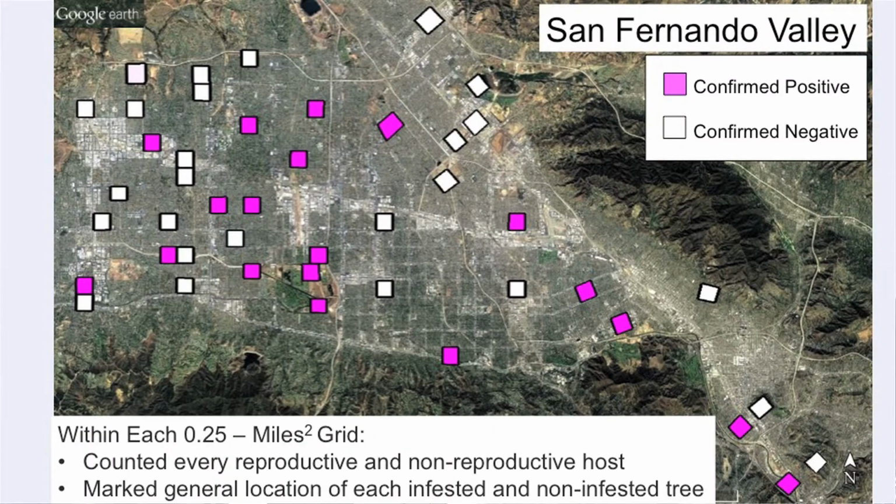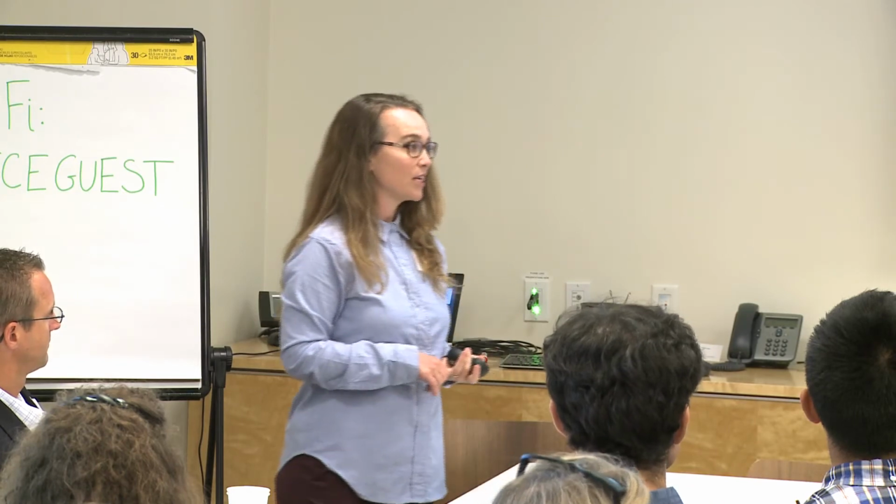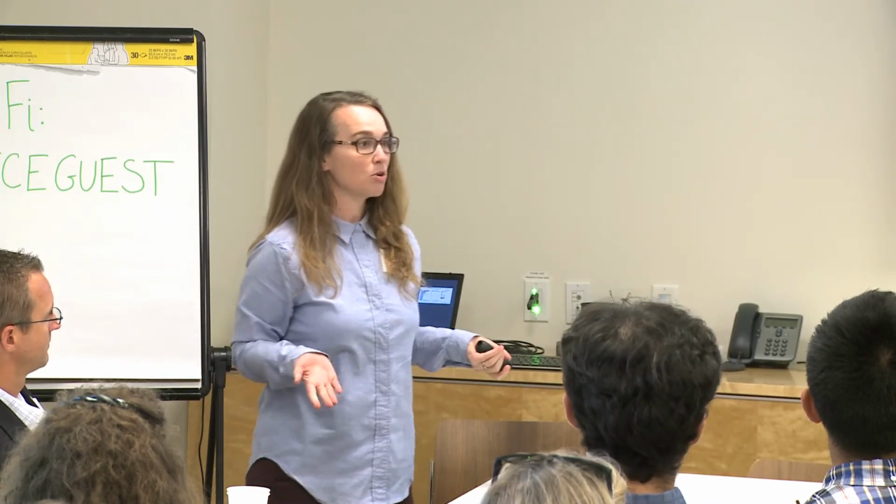Okay, so in the San Fernando Valley, the confirmed positive locations are in pink, the confirmed negative locations are in white. 19 of those city blocks that I surveyed were infected, so that was roughly 40% of the locations that I visited.